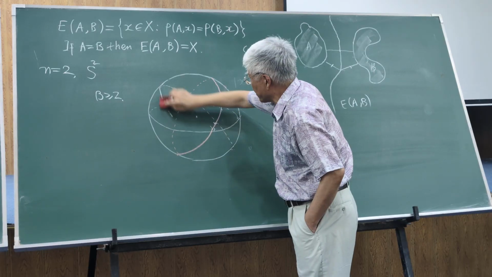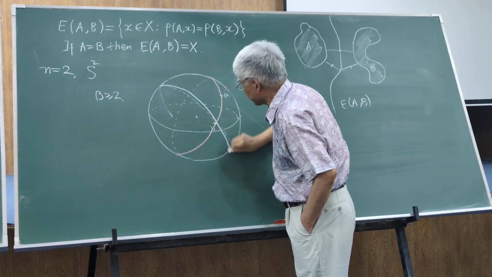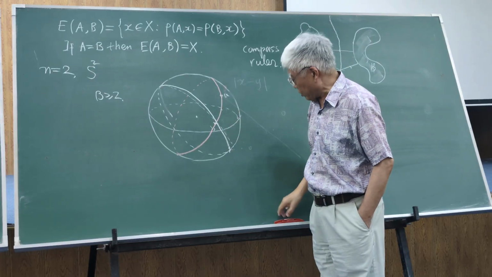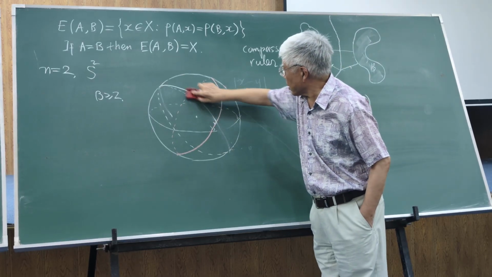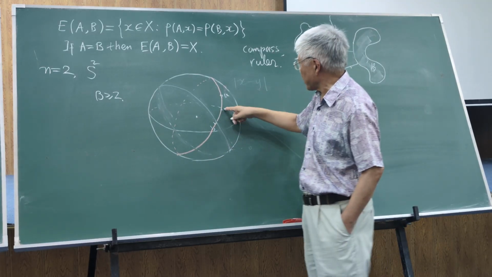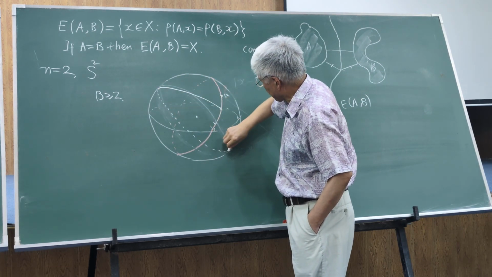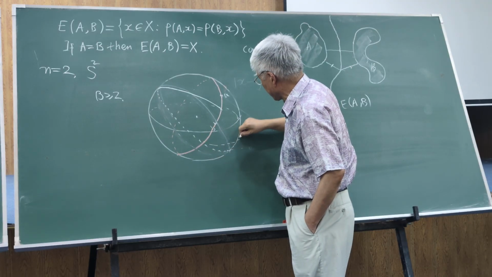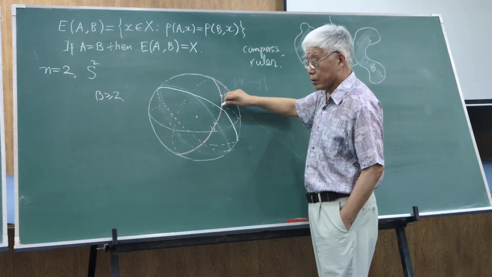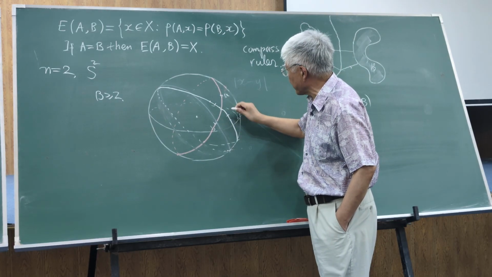On this great circle, if you take this point, these 2 arc distances are the same.